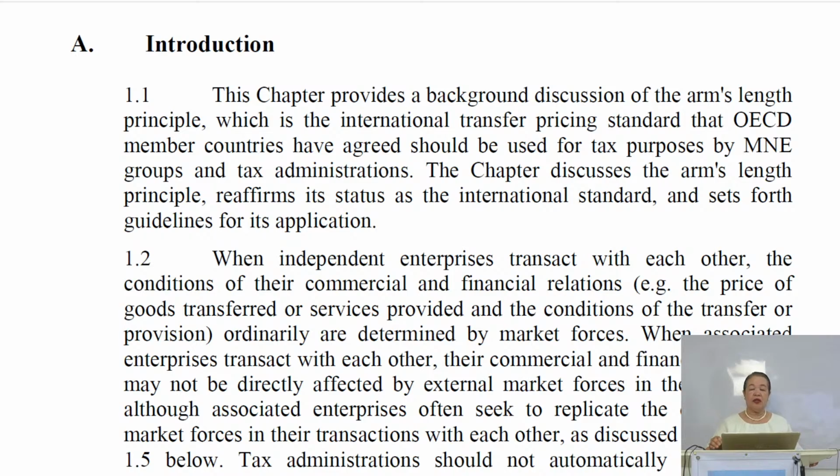So how can this arm's length principle be applied? By making comparability, comparing the related party and the independent party in their financial and commercial relations, and how they price their goods and services.